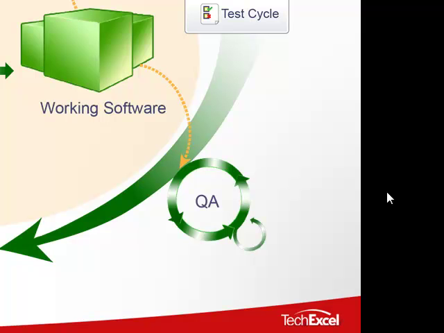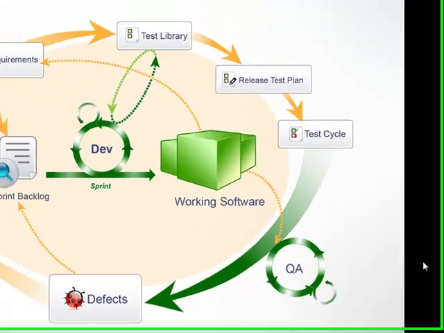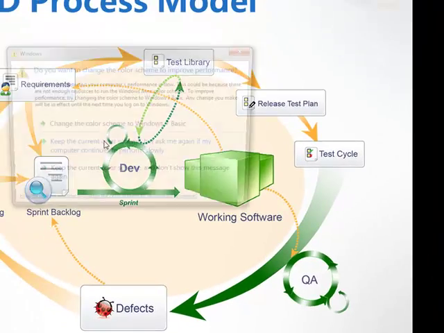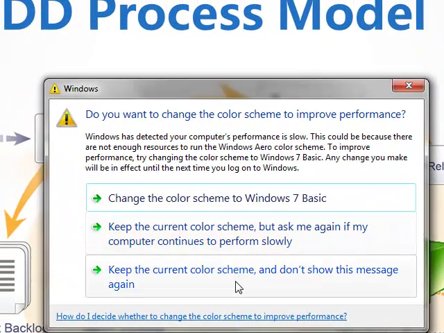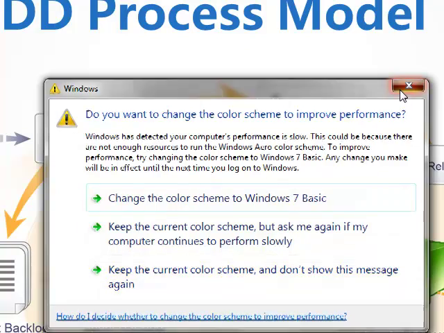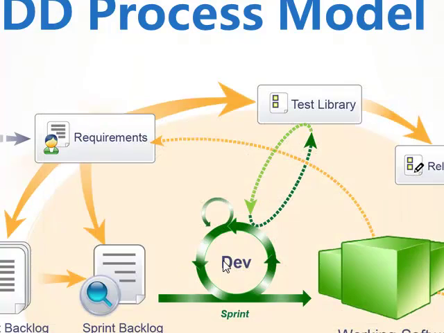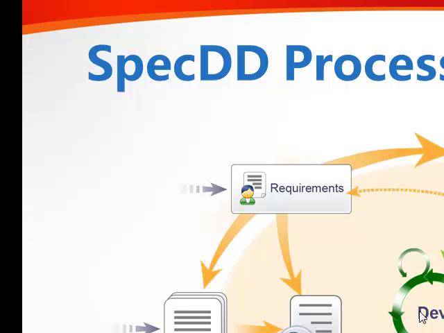So what I have here on my first slide is the overall diagram. Now, the meat, the most important section of this process model is, of course, the development cycle, the sprint, or the iteration.